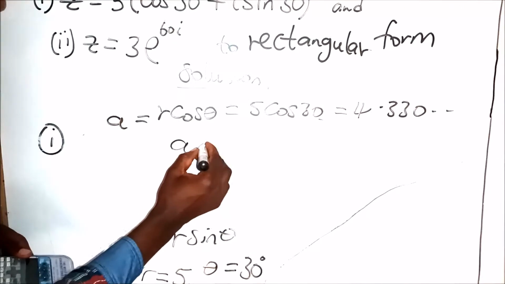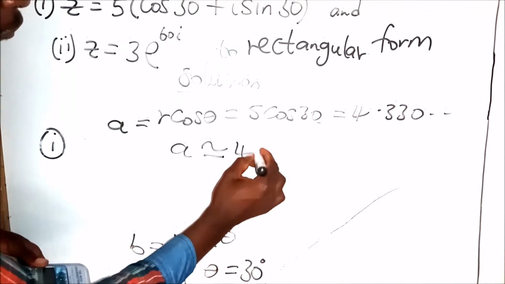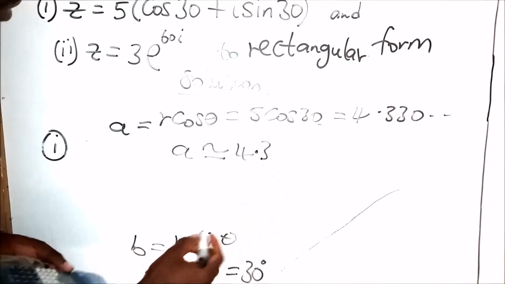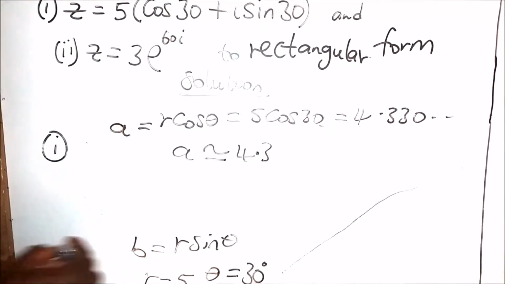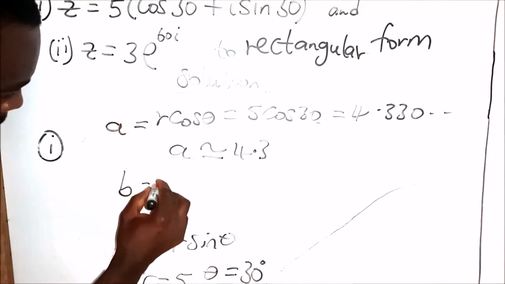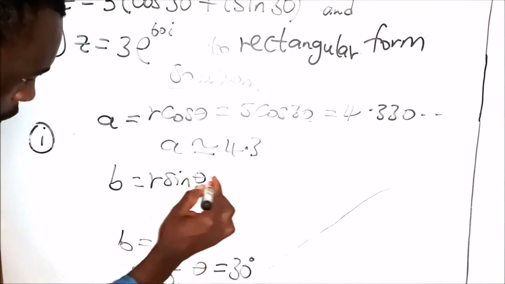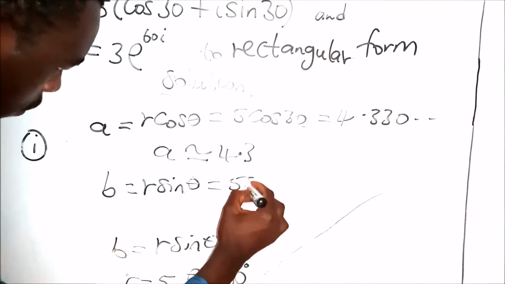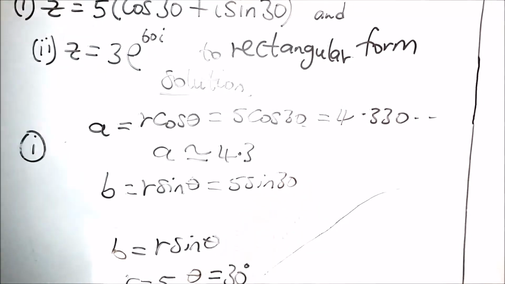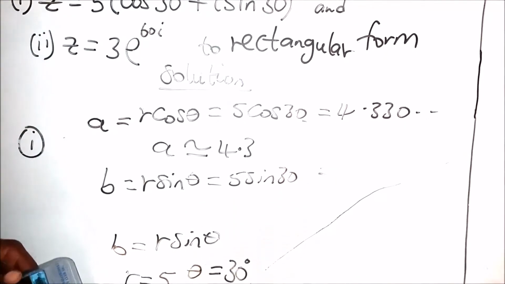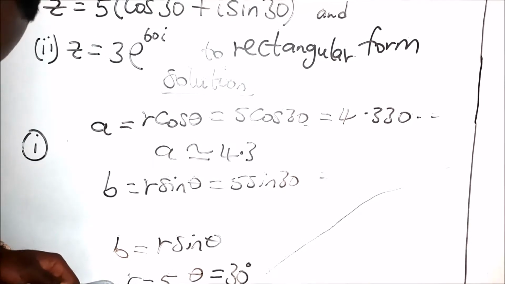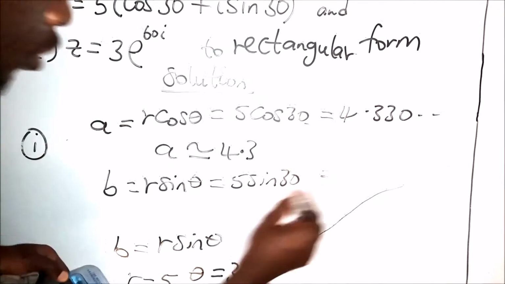So you can see that a is approximately 4.3. Then our b is r sin theta, which is 5 sin 30, and 5 sin 30 is 2.5.